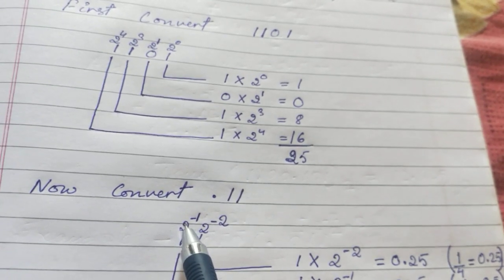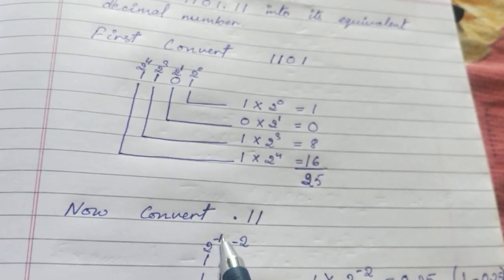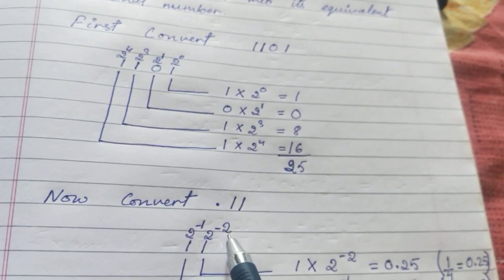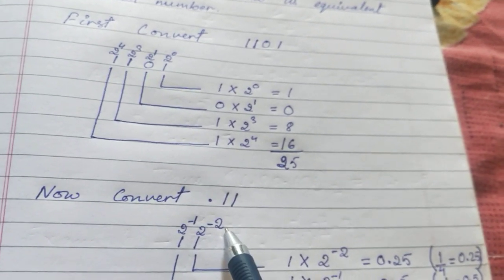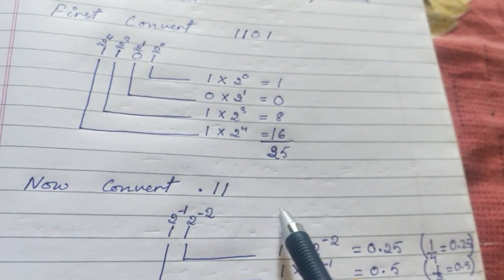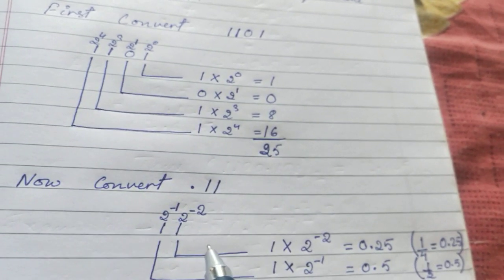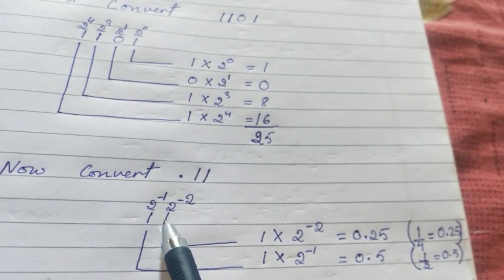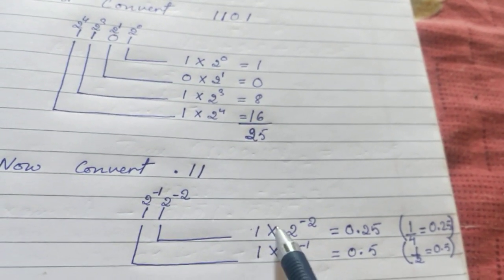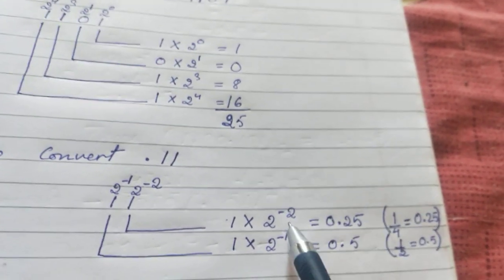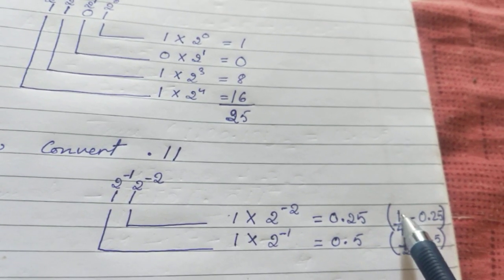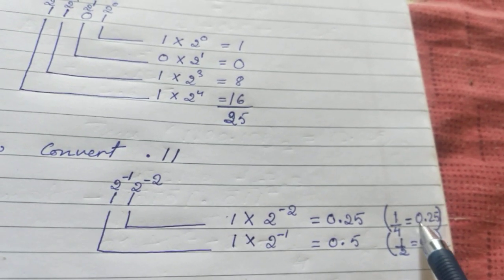You will start with 2 to the power minus 1, and similarly 2 to the power minus 2, and if there were more numbers over here you would have written 2 to the power minus 3, minus 4, and minus 5. You would have continued with it.